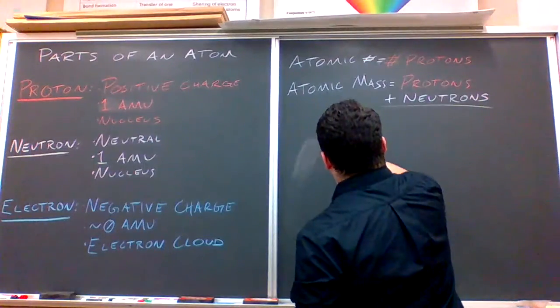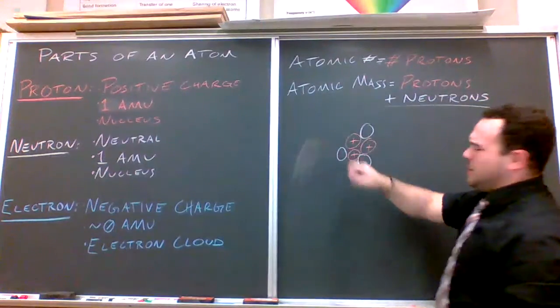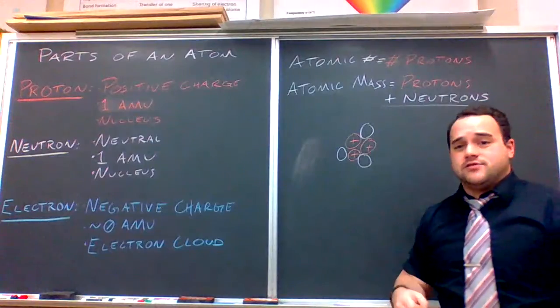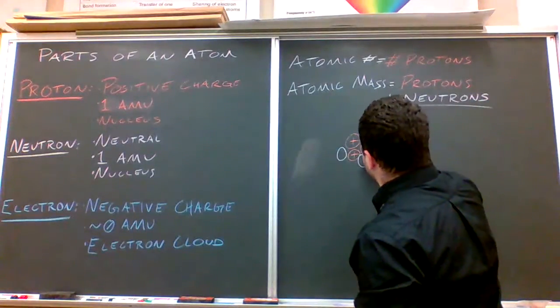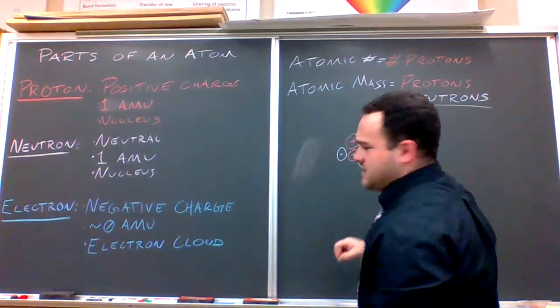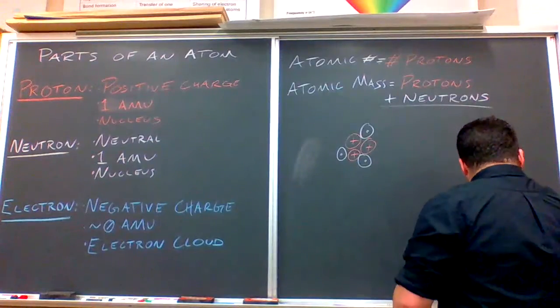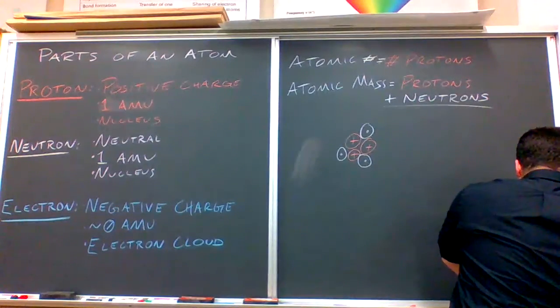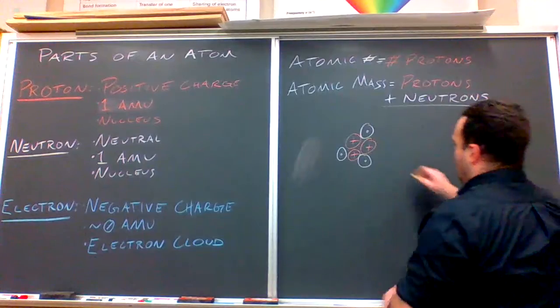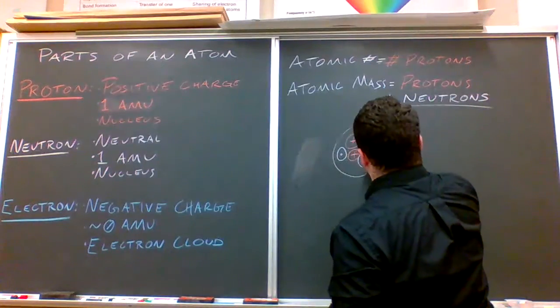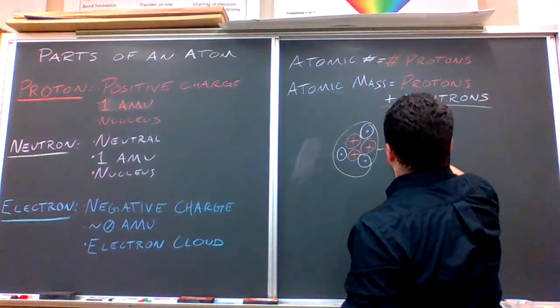And you see how I put a plus in the protons to show the positive charge. In the neutrons, I'm just going to put a little O. They kind of look like donuts now. So this whole shabam, this whole grouping, that would be the nucleus.